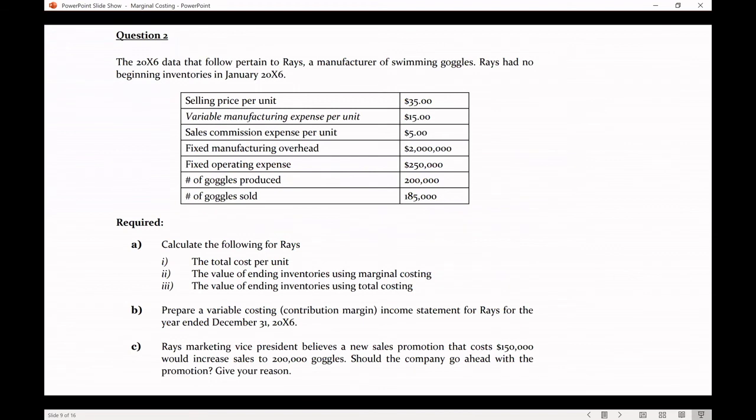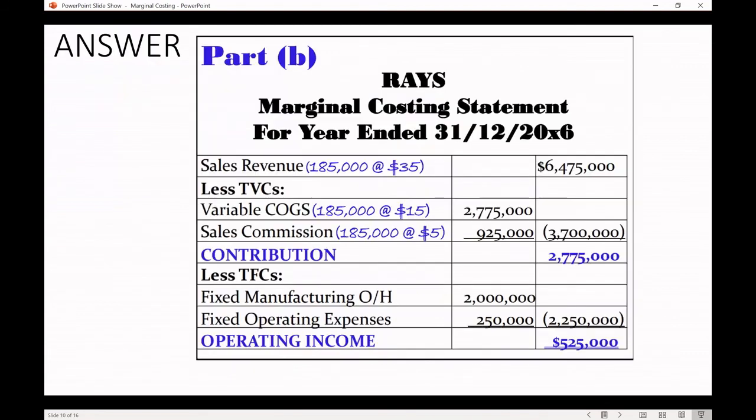So we would have done part A of the question. Part B states to prepare the variable costing contribution margin income statement for RAISE for the year ended December 31st, 20x6. As per usual, whatever statement you're doing in accounting, you need to have your heading.